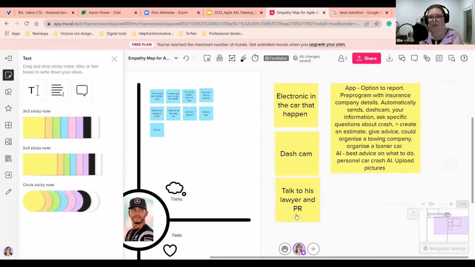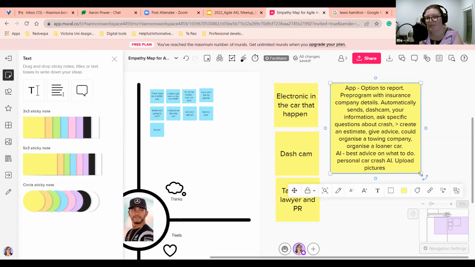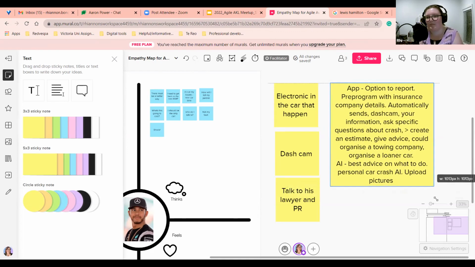So then we came up with this idea: what if there was an app on his phone and he had the option to report the accident or not? Because if it's just a little thing, he might not want to damage his reputation. He might just hand other people a fat stack of cash, write off his car, go buy a new one, who cares? But maybe if it's a bit bigger, if it's obviously the other person's fault, all of that sort of stuff, then he might actually want to report it.